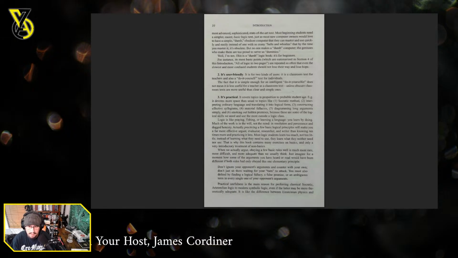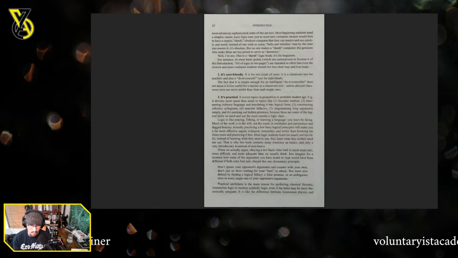The fact that it is simple enough for an intelligent do-it-yourselfer does not mean it is less useful for a teacher as a classroom text, unless obscure classroom texts are more useful than clear and simple ones. Number 3, it's practical. It covers topics in proportion to probable student use.